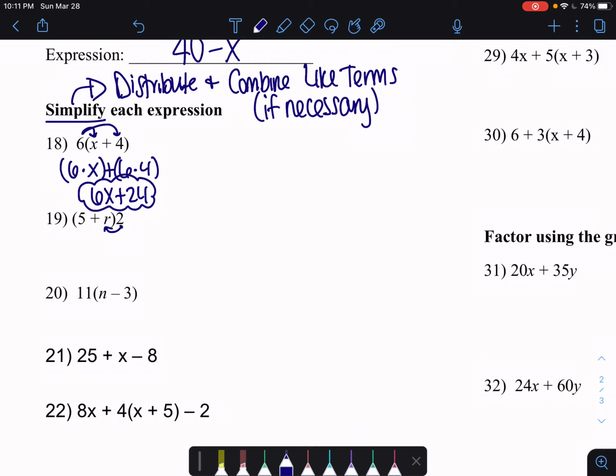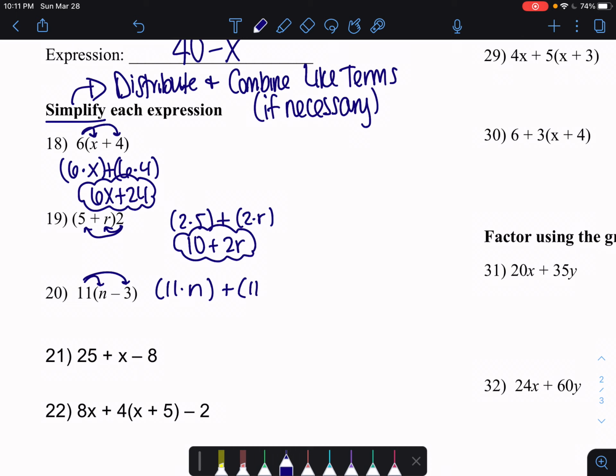In number 19, I'm just going to go backwards. So it's going to be 2 times 5 plus 2 times r. So it's going to be 10 plus 2r. Number 20, I'm going to distribute the 11. So it's going to be 11 times n plus 11 times 3.